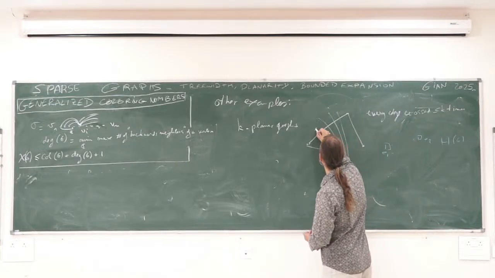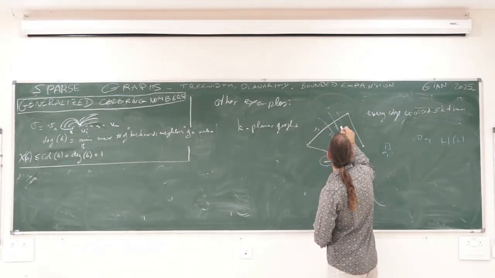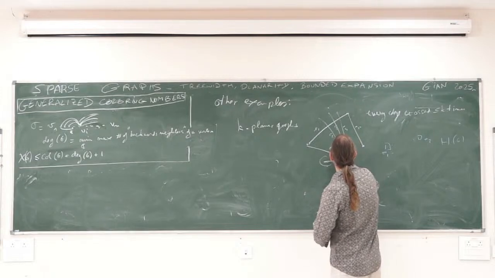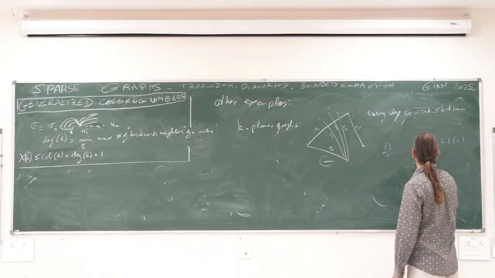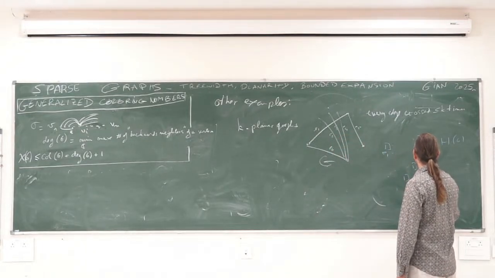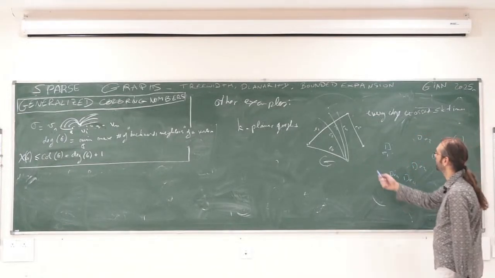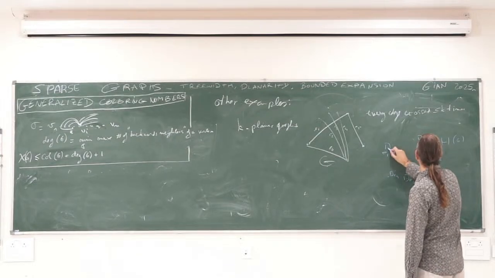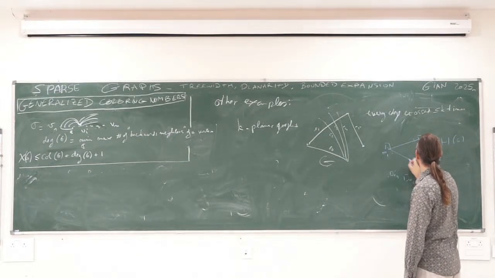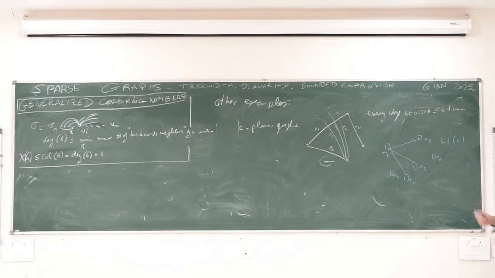So these were E1, E2, E3, E4, E5, E6, and I'll get a graph with 6 vertices. It's a little bit like the line graph, but it's not the same. So E1 crosses E2, E3, E4. Okay, so my crossing graph looks like this.